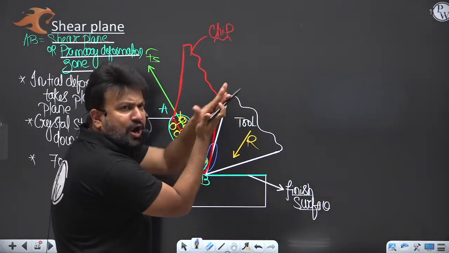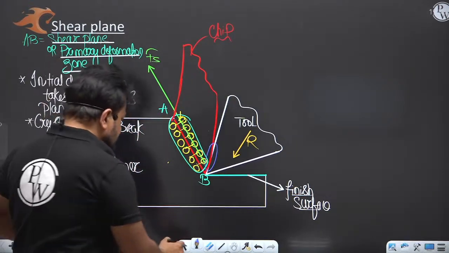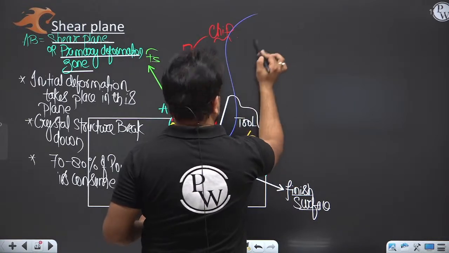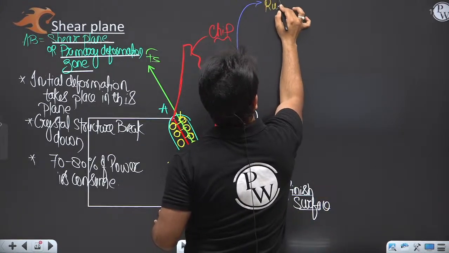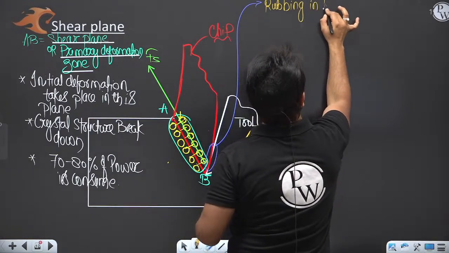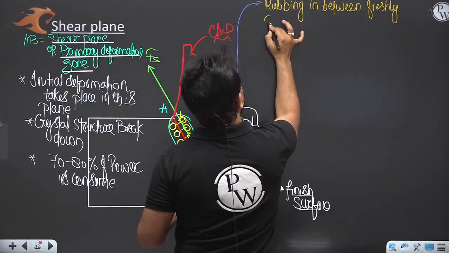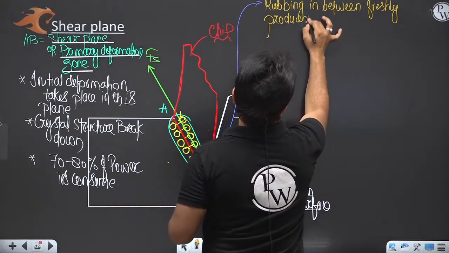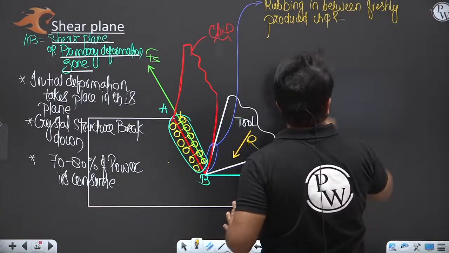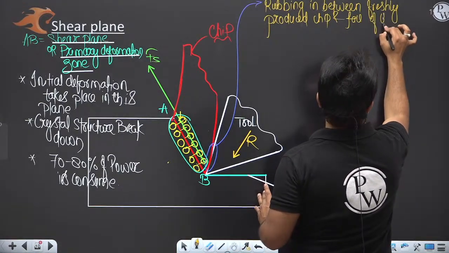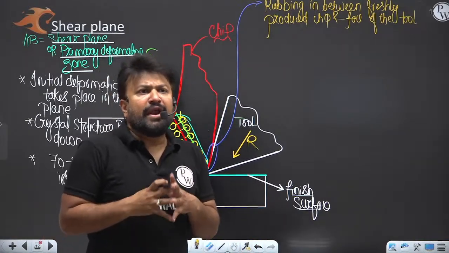Now there will be rubbing between the freshly produced chip and the clean surface, the face of the tool, my dear. Now what is going to happen?